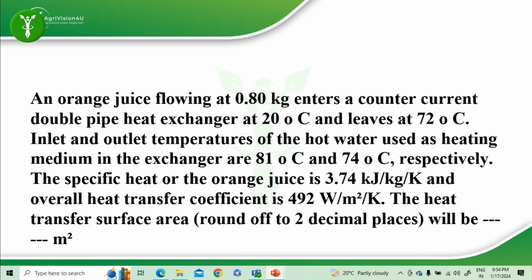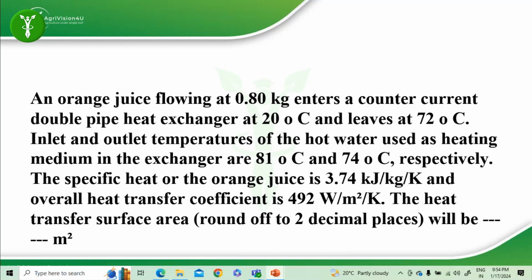Since this is a counter current double pipe heat exchanger, there are two temperature differences. The orange juice enters at 20 degrees Celsius and leaves at 72 degrees Celsius, and for the hot water, the inlet temperature is 81 and the outlet temperature is 74 degrees Celsius.